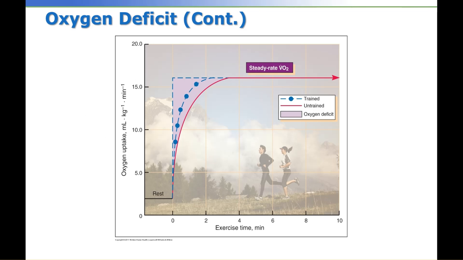And that's what this is showing right here. Both individuals reach the same steady rate VO2, but the trained person reaches the steady rate of VO2 more quickly than the untrained individual.